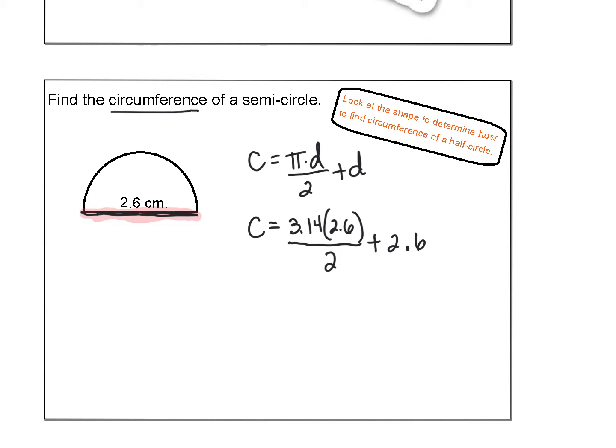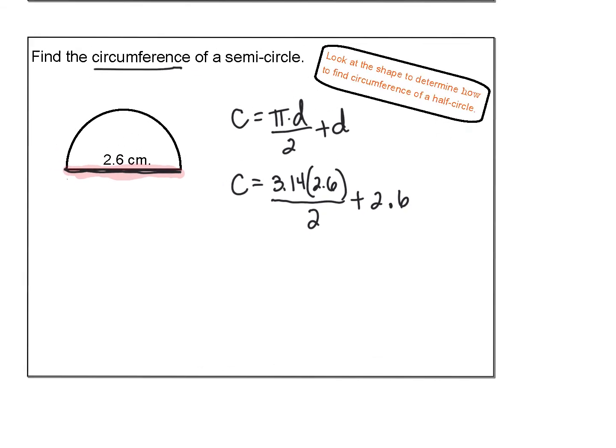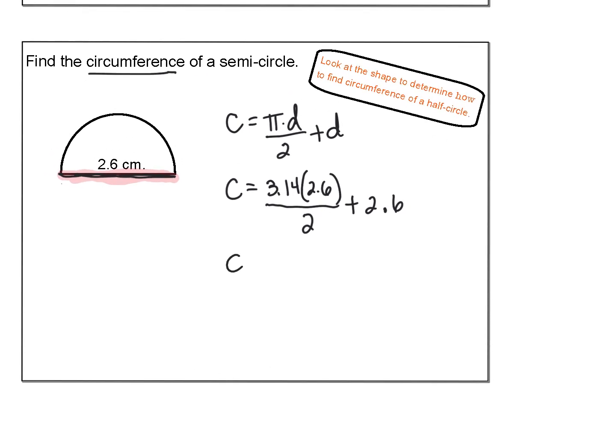Okay, so now we're just going to go ahead and calculate. If you have one of those handheld calculators like we use in class, then you can just type all of this into your calculator and your calculator will do PEMDAS for you. But I'm just going to go through with you really quick and calculate it out. 3.14 times 2.6 is 8.164. And now we have to divide by 2 and then add 2.6.